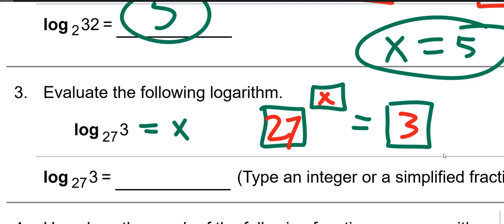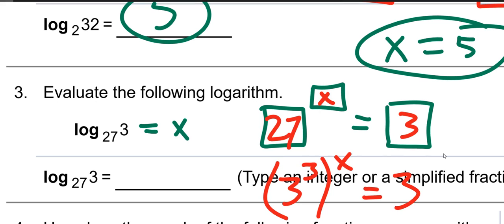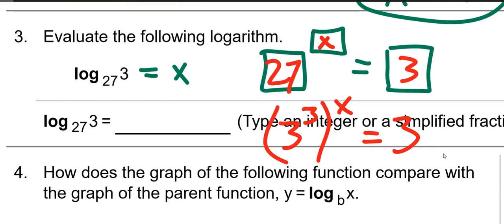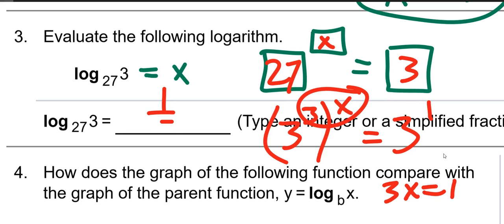Now, the difficulty about this particular question is you're going to have to change 27 into 3 to the 3rd power. Then you look at the exponent and say that 3x equals 1, so the answer is 1/3.